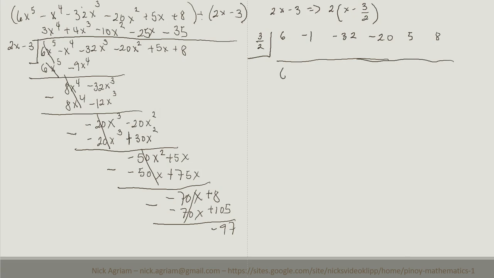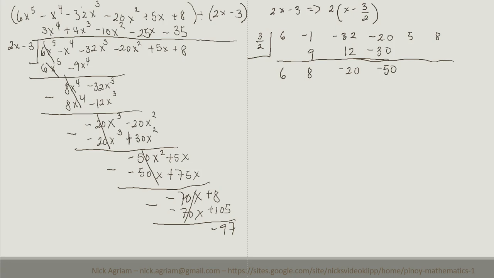Let's see. We bring down 6, we have 18. Divided by 2, we have positive 9, we have 8. 24 divided by 2 is 12. We have negative 20. Negative 20, 60 divided by 2 is 30, negative 30. And we have 50, negative 50.